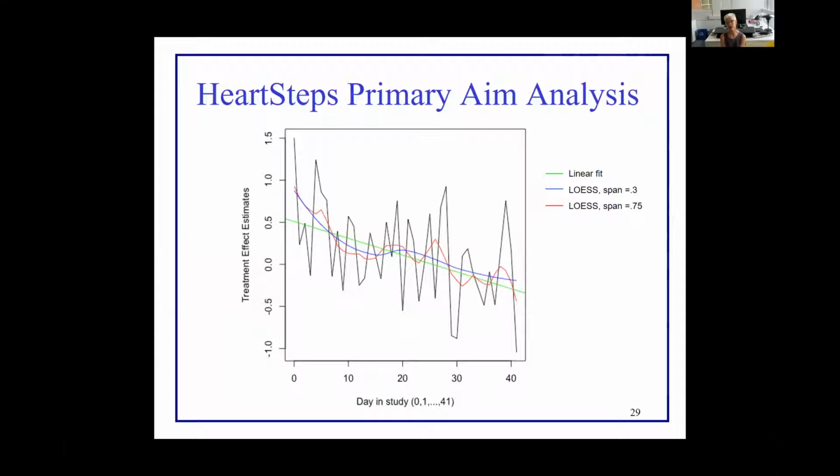And then you see the green, which we use to form our test statistic for our alternative hypothesis. Now, this is not linear, it's grossly a linear trend, right? So that gross linear trend is enough to pick up the signal that, unfortunately, the effect of the suggestion is deteriorating with time.